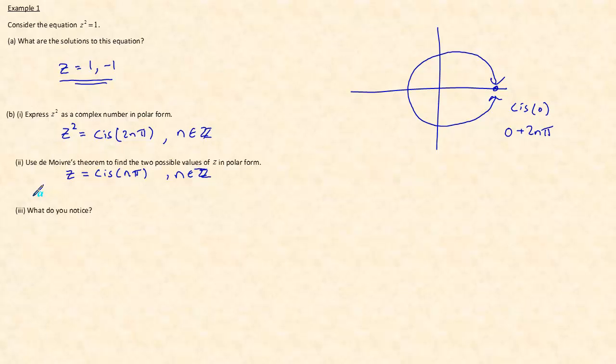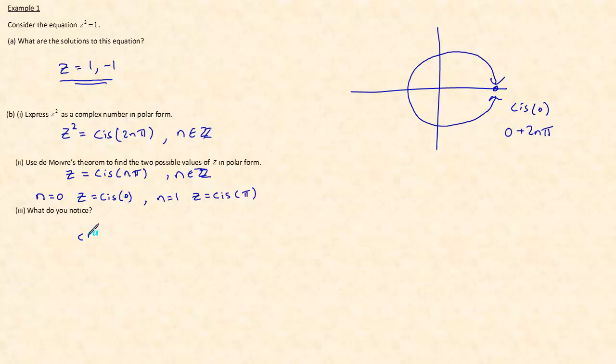So we'll just choose n equals 0, and then z is equal to cis 0, and n equals 1, so z is equal to cis pi. Any other values of n will give us repeats of these roots, so we don't want those.